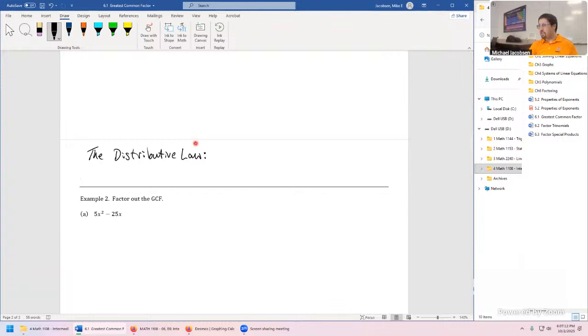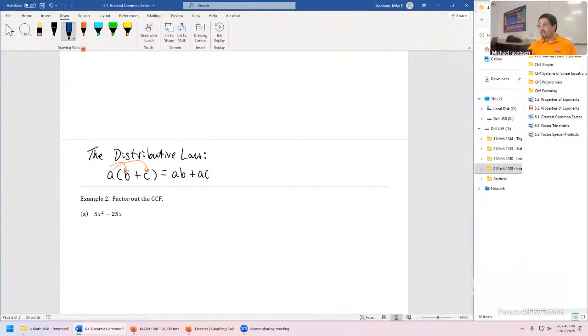The distributive law says if we take A times B plus C, we get AB plus AC. In other words, if you like arrows, A can multiply the B and it can multiply the C. It says you don't necessarily have to follow order of operations, which would have said add first. You can distribute, multiply these things, and then add. So you get options through the distributive law. So this is what the distributive law would look like.